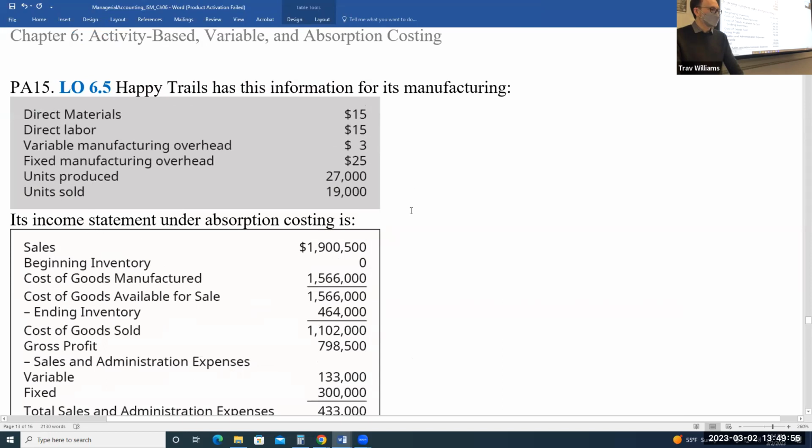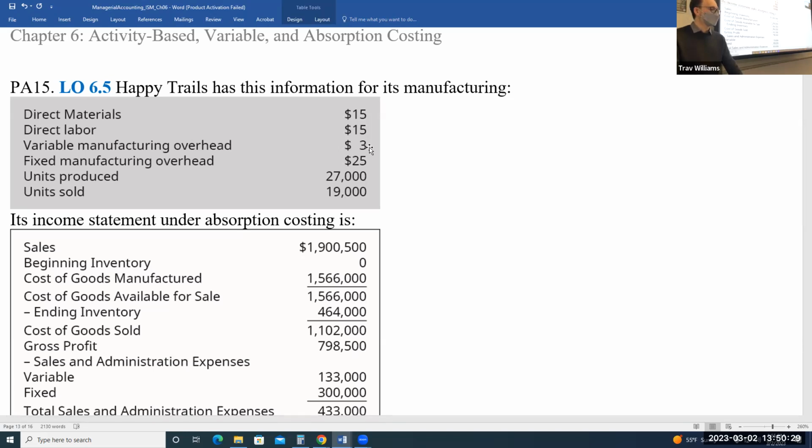All right, so let's start by figuring out the variable cost per unit for manufacturing. What would that be? Direct materials and direct labor. Okay, very good. So the direct materials of $15, the direct labor of $15, those are both variable, and the variable manufacturing overhead of $3. So $33 per unit would be the variable costs for production.